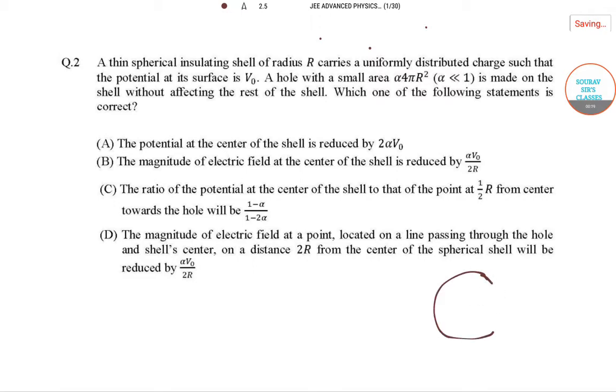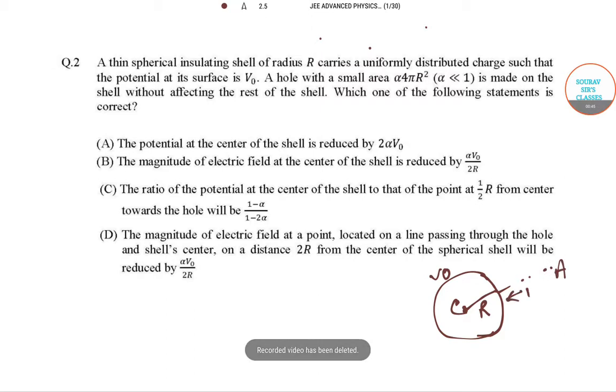A spherical insulating cell of radius r is uniformly distributed charge such that the potential at the surface is V0, and this is the point C, suppose, and this is the point A, suppose.